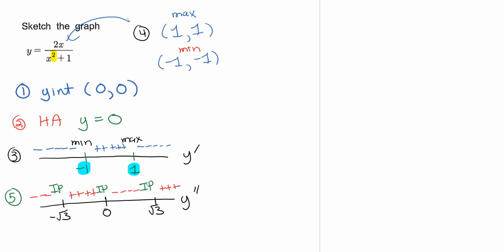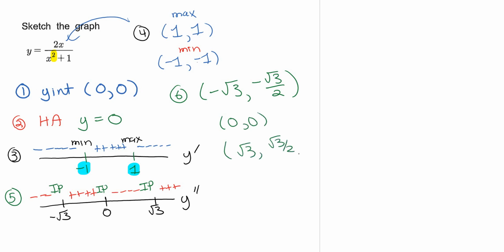So you have 3 inflection points. My sixth step here is I'm going to give you the actual coordinates of the inflection points. So if it's -√3, we plug that back into the original function, and I would get -√3 over 2 for the corresponding y. 0 is going to be (0, 0), and for +√3, my height would be √3 over 2.